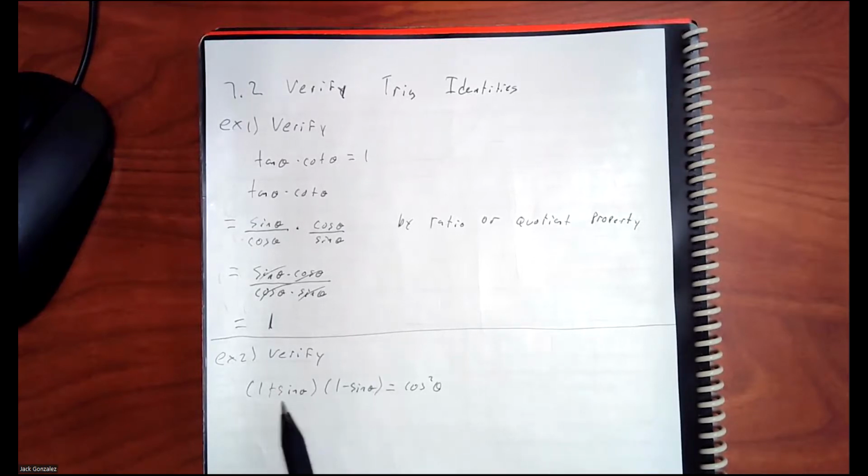So multiplying, this is a conjugate pair. Do you see how this is a plus b times a minus b? These always multiply into the difference of squares. Okay.